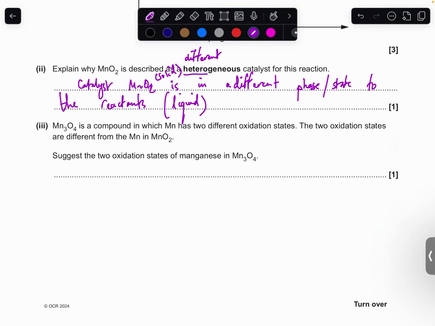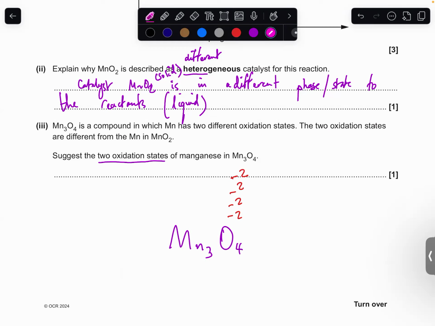Next question. It says Mn3O4 has 2 oxidation states of manganese. Identify them. This is -2, -2, -2, -2. Manganese, we play around with numbers.